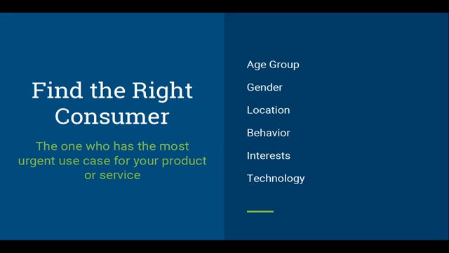Those are the behaviors you need to understand about the consumer who has a very urgent use case for you. This will help ensure your marketing and targeting are accurate and reach the right user.